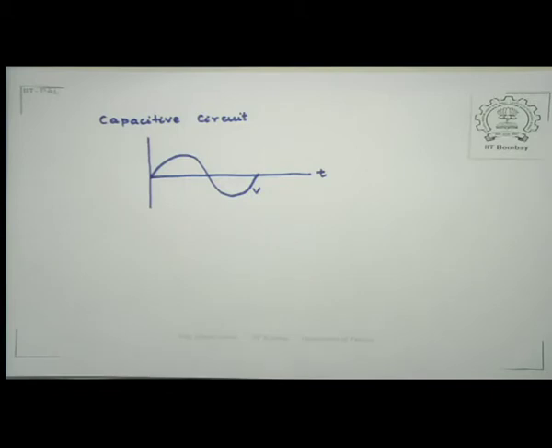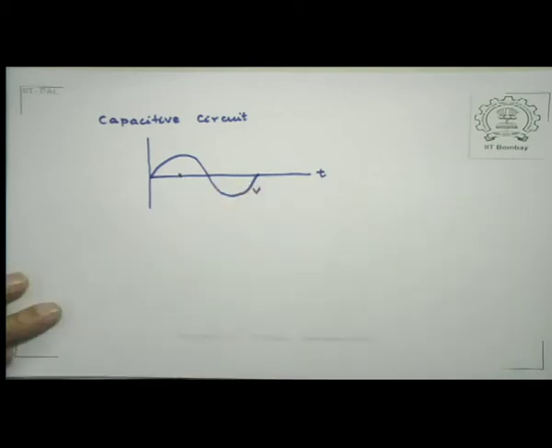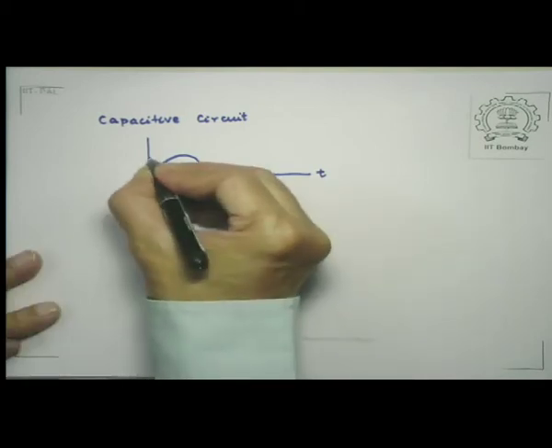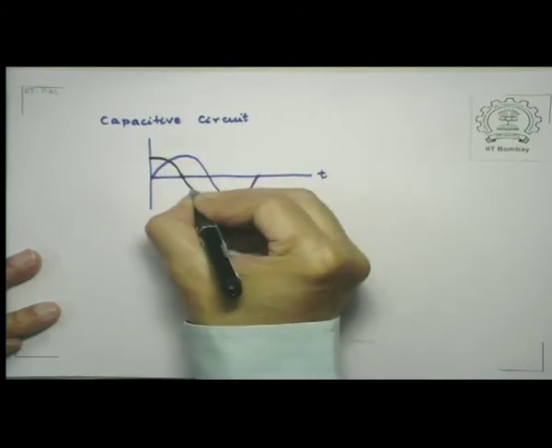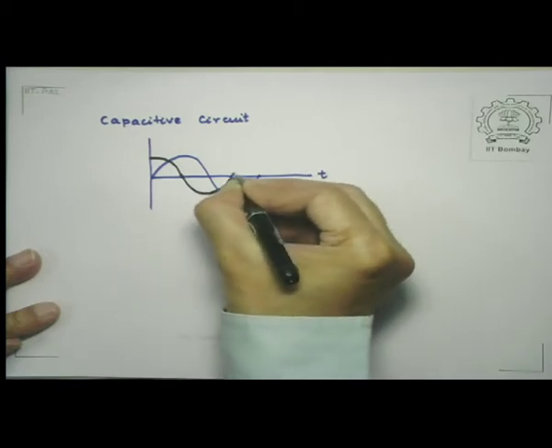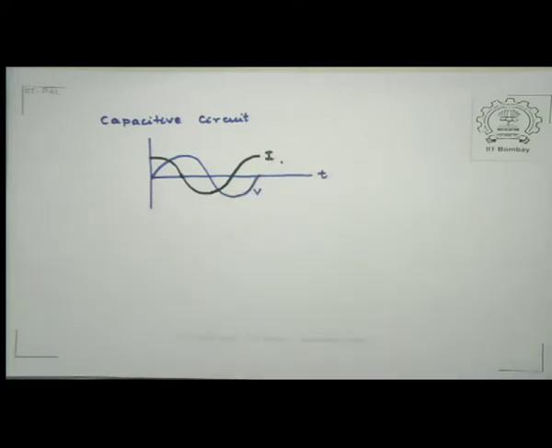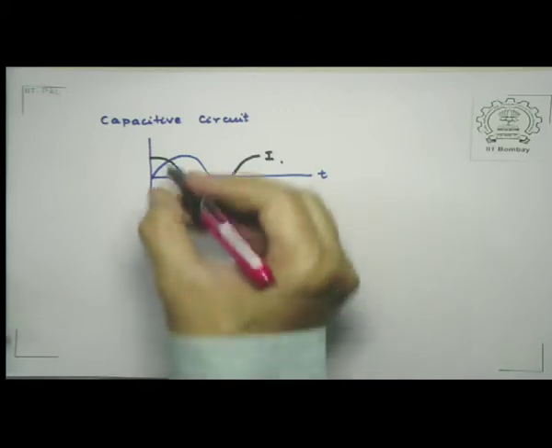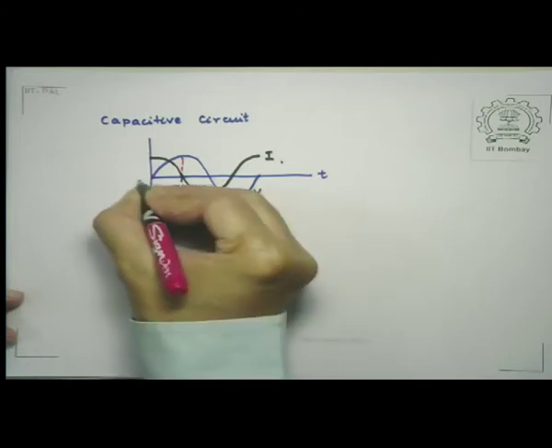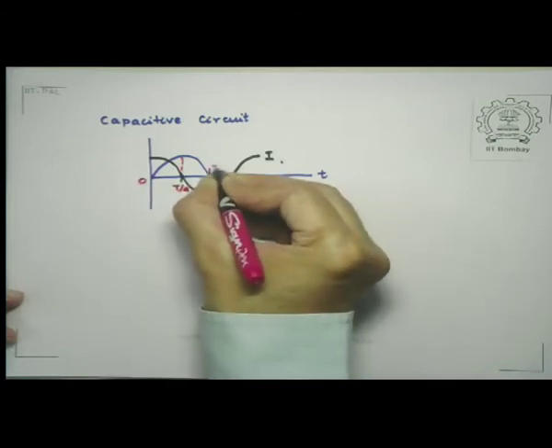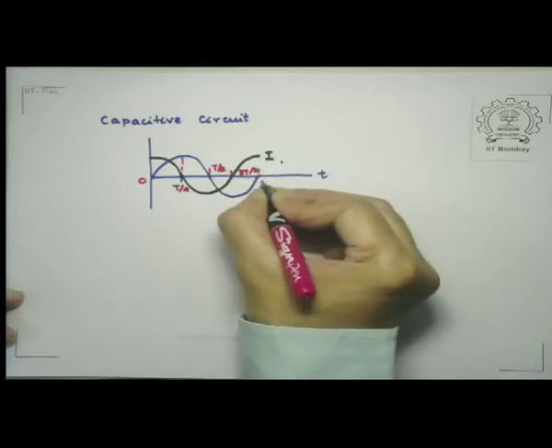Because it's a capacitive circuit, the current leads the voltage, so I would have something like this. This is current. If you look at the time scales, this is time 0, this is T by 4, T by 2, 3T by 4, and T.